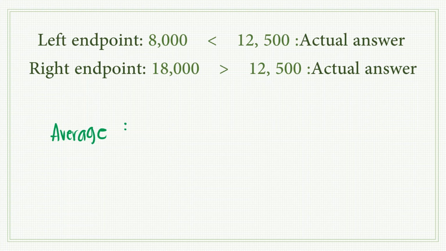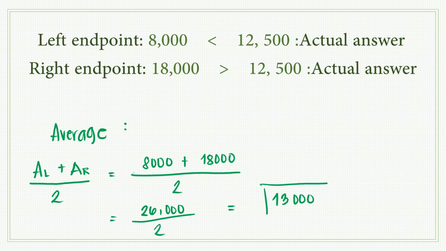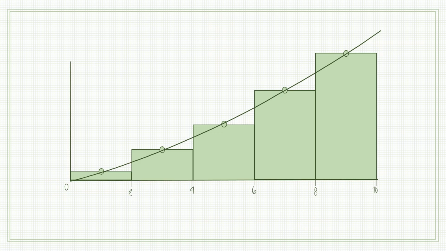To get the average, we are going to use the formula area of left endpoints plus area of right endpoints divided by 2. So we are going to substitute it with 8,000 plus 18,000, which is going to be 26,000, divided by 2 is 13,000.